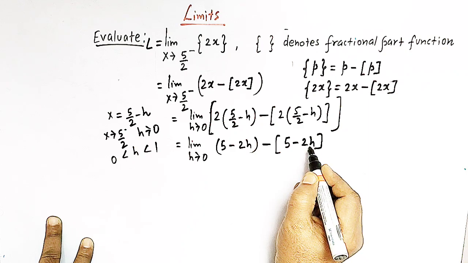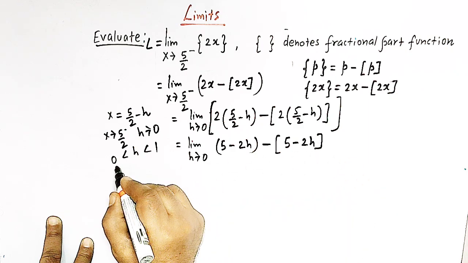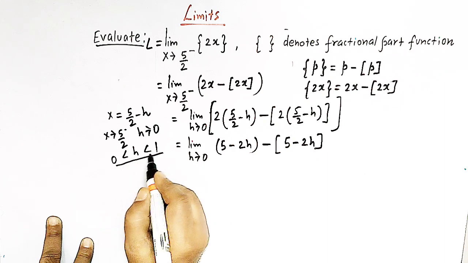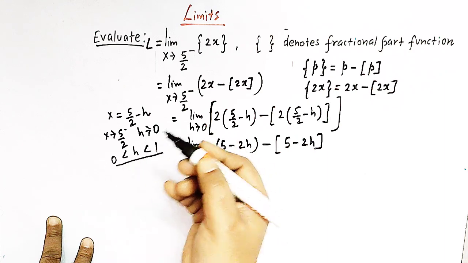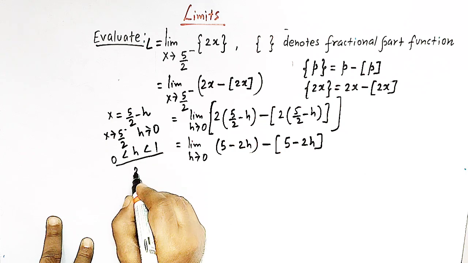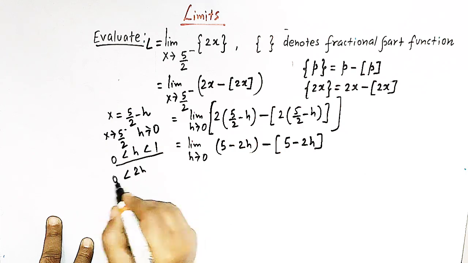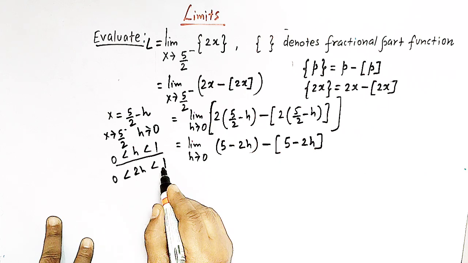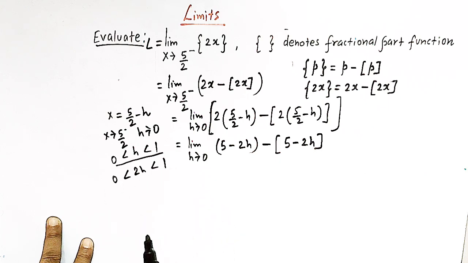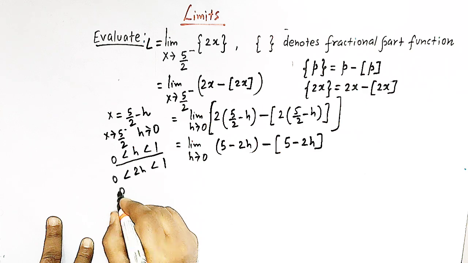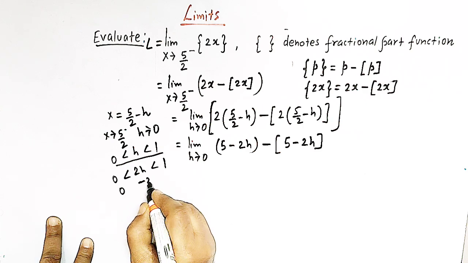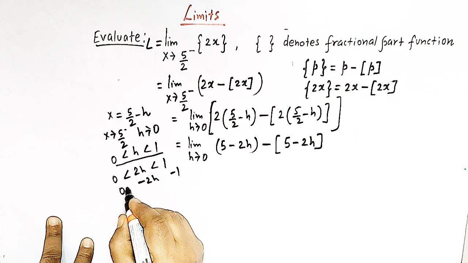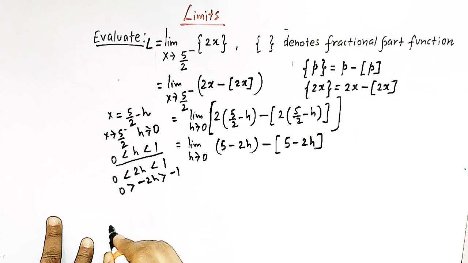For this we'll make use of an inequality. Now see, h lies between 0 and 1 and is very small, so 2h also lies between 0 and 1. If we multiply this inequality throughout by minus 1, we get 0, then minus 2h, then minus 1, but the direction of the inequality gets reversed.